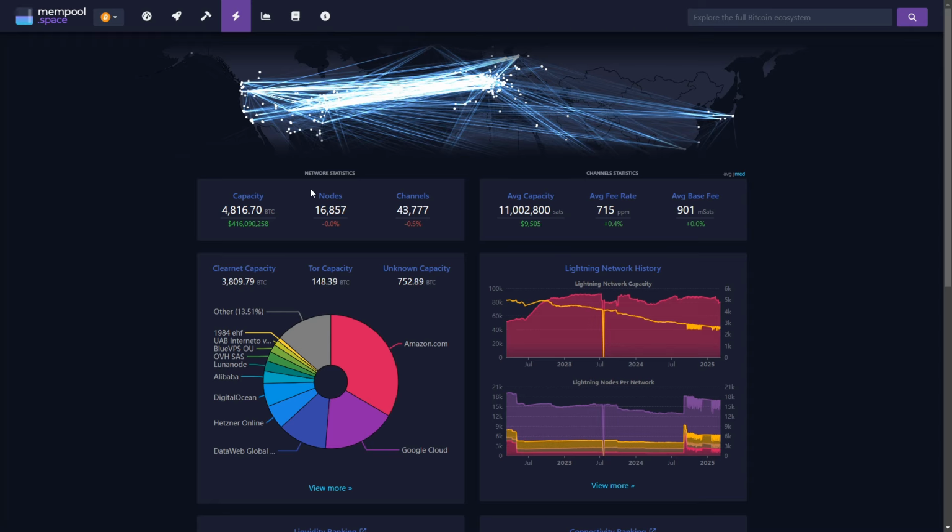And there are currently almost 17,000 Lightning nodes around the world. Anyone can run a node. If you run a node, you can process Lightning transactions for anyone on the planet. And you get paid this fee for doing so. I have ran a Lightning node in the past.